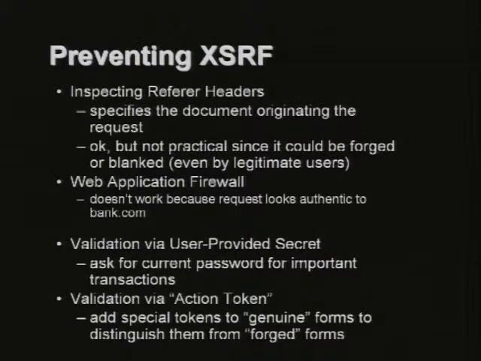Well, let me talk about a couple methods that won't work, and let me talk about a couple methods that will work. So one thing that, if you know about the HTTP protocol, you know it supports a referrer field, where every time that a web server gets a request for a web page, it gets a referrer header telling the web server what was the previous site that the user visited.